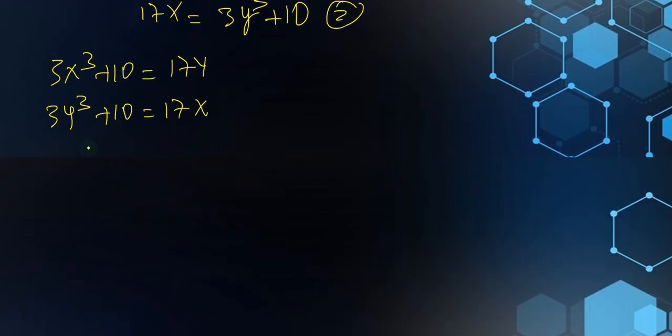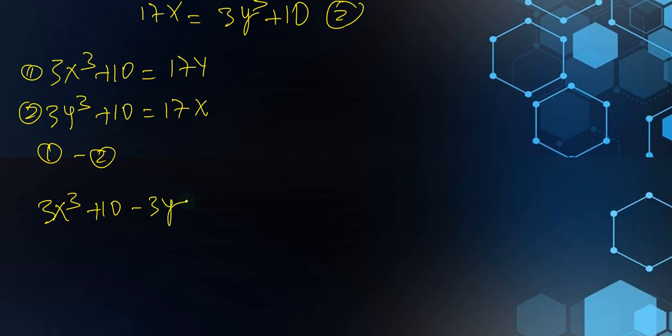So now I'm going to say 1 minus 2. So this is going to be 3x to the 3 plus 10 minus 3y to the 3 minus 10, right? And then this is going to be 17y minus 17x.